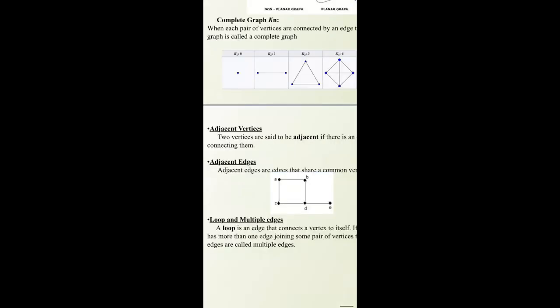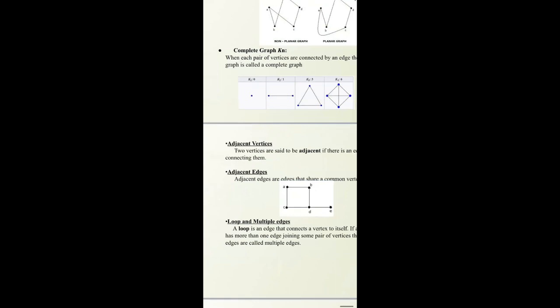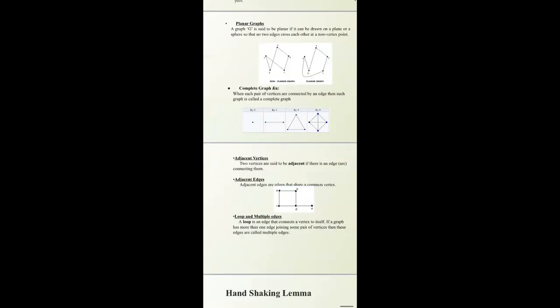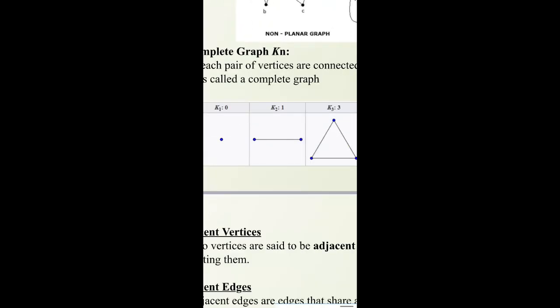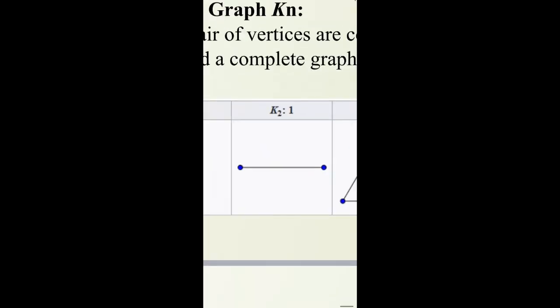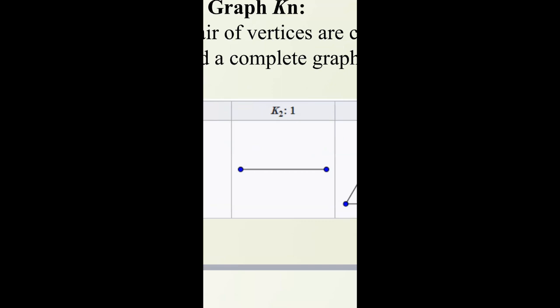Next, adjacent vertices. What does adjacent mean? Two vertices are said to be adjacent if there is an edge or arc connecting them. For example, we take this example. These two vertices are adjacent vertices because there is a connection between them.